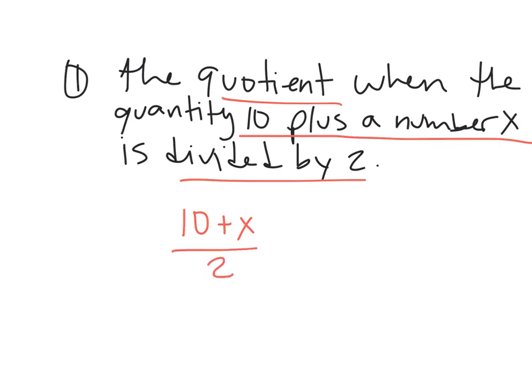By 2. So I put 10 plus x, and then the quotient of that is the answer to 10 plus x divided by 2. Make sense?